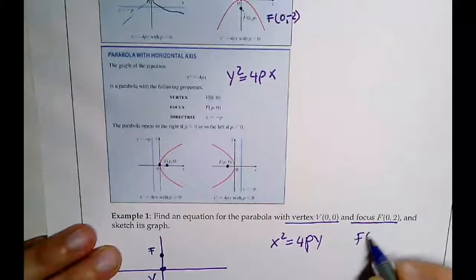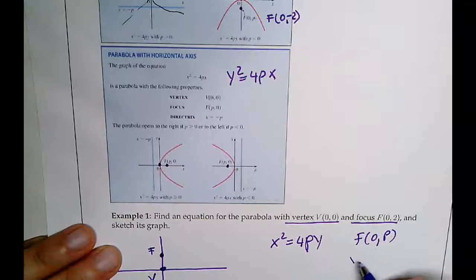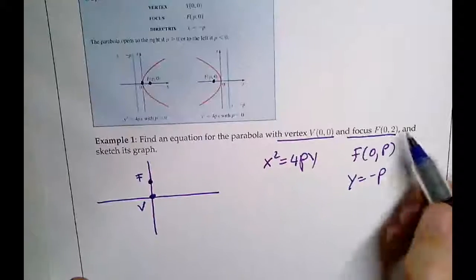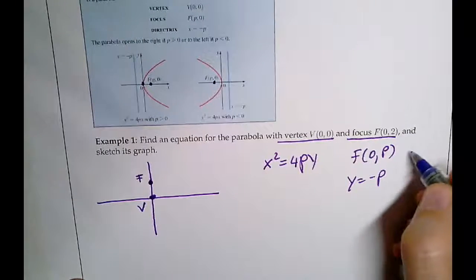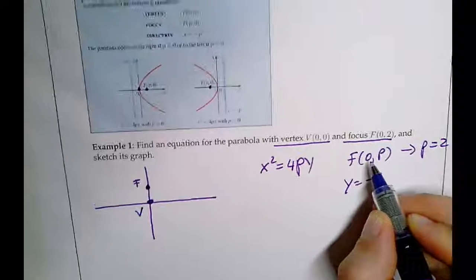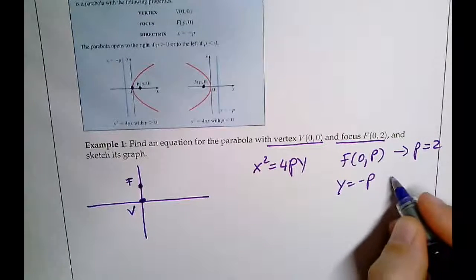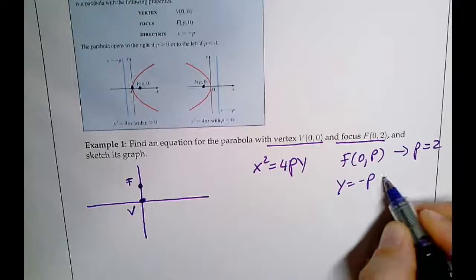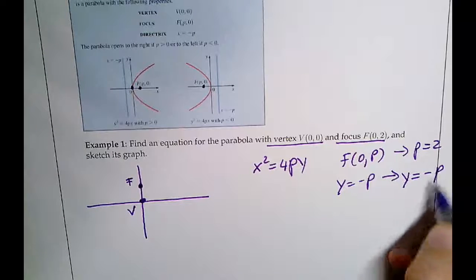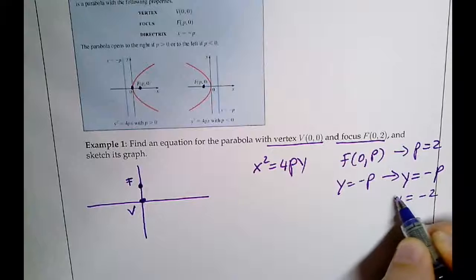We are given the focus, so that means p is 2, because (0, 2) is the focus, and in general the focus is (0, p). And from this, the directrix is y equals negative p, which is y equals negative 2.